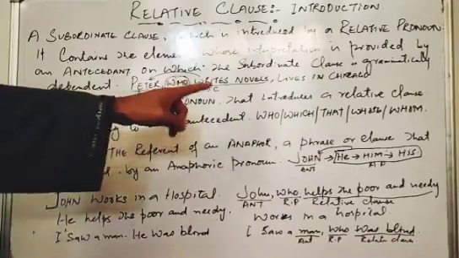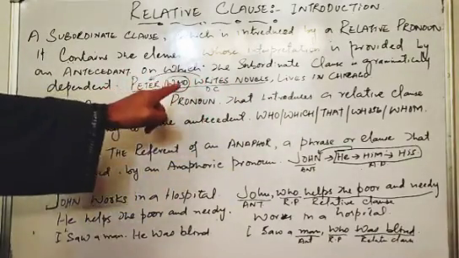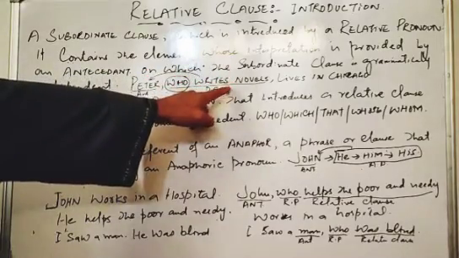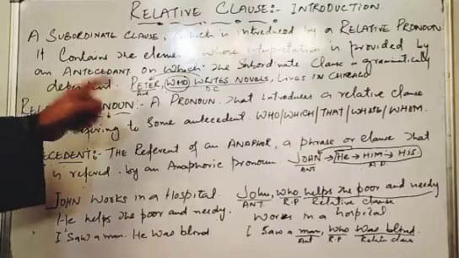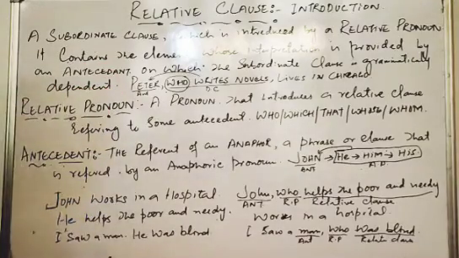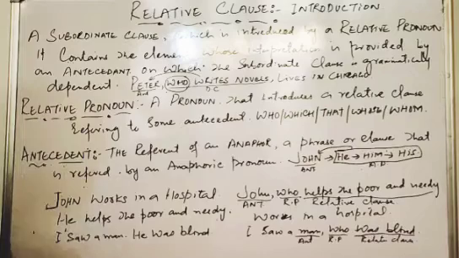This who has introduced writes novels. This refers to Peter. So there are basically 5 relative pronouns: who, which, that, whose, whom. We will discuss them one by one later on.